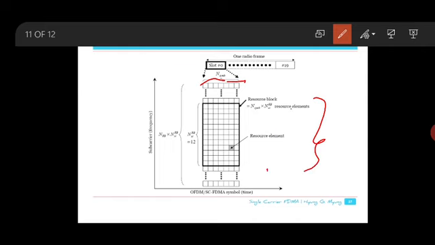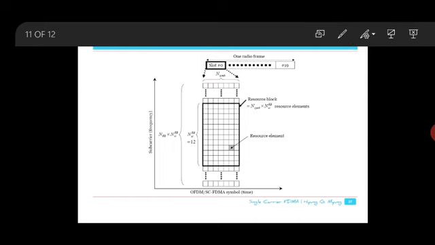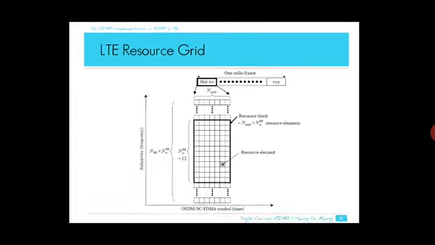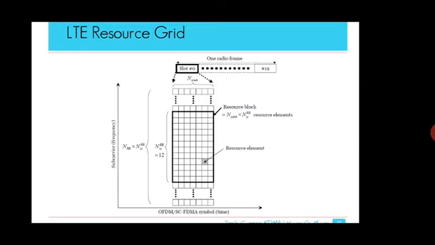Total resource symbols: you can see that is N symbol times N_sc^RB. If you take the structure of LTE, each slot will have a structure like this.